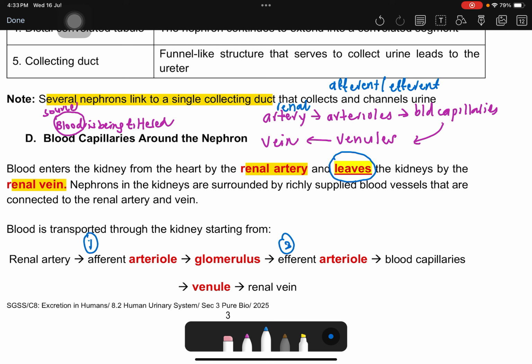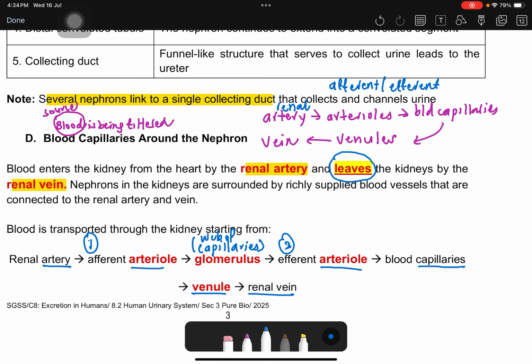So the glomerulus is actually blood capillaries. It's a complex web of capillaries. So you can see it branches from artery to arteriole and then capillaries, and then becomes an arteriole, which further branches out into blood capillaries again before they combine together into a venule to channel the clean and filtered blood to the renal vein.